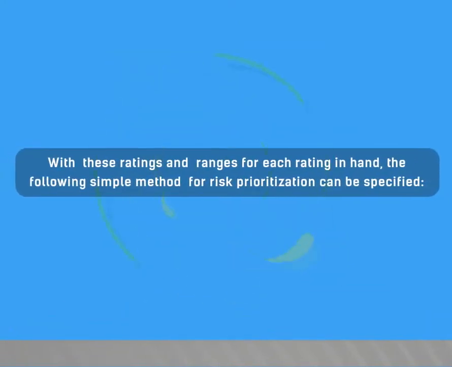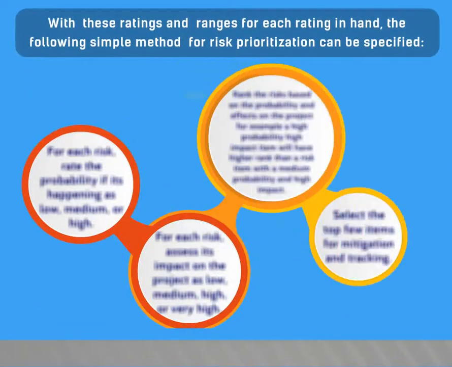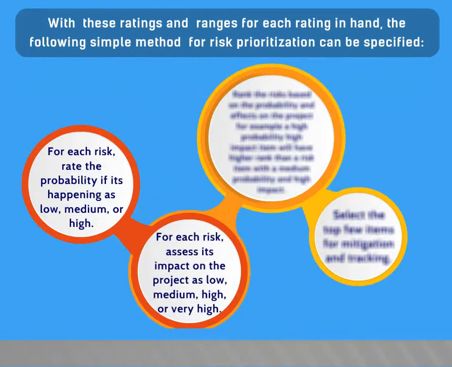With these ratings and ranges for each rating in hand, the following simple method for risk prioritization can be specified. For each risk, rate the probability of it happening as low, medium, or high. For each risk, assess its impact on the project as low, medium, high, or very high.